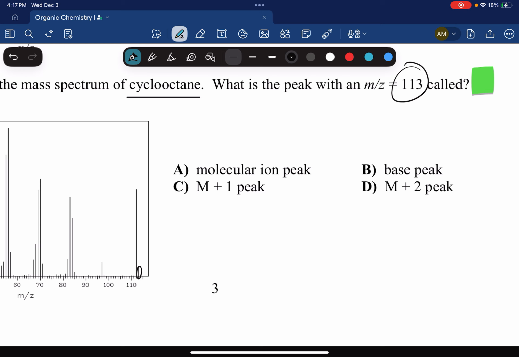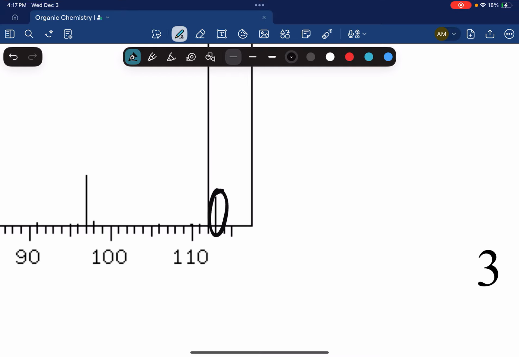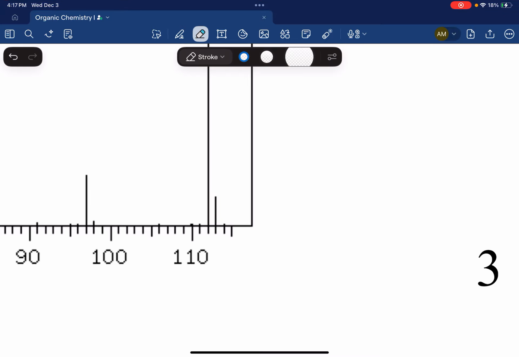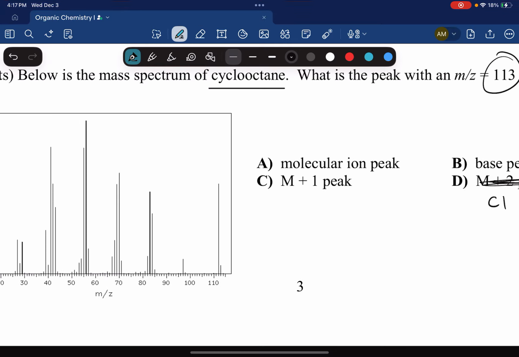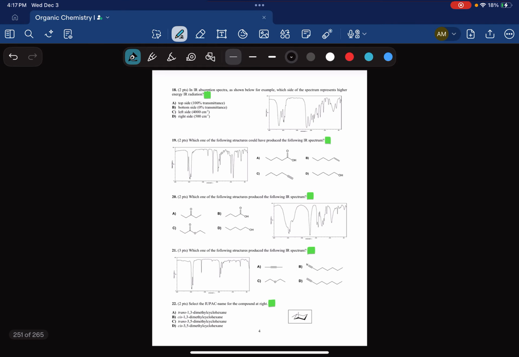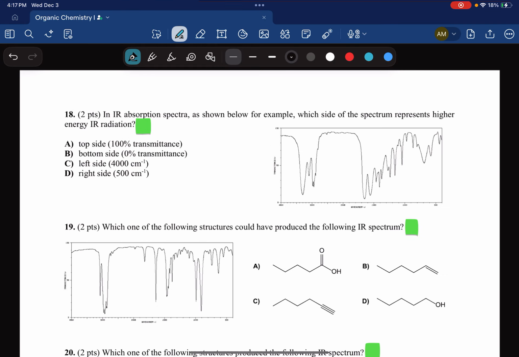It's the very last peak, and it would be M+2 only if we contained chlorine or bromine, and there was a gap between them, right? They're like one after another, so that's M+1. M+1 peak is caused by the carbon 13, right? You guys remember that? Okay.